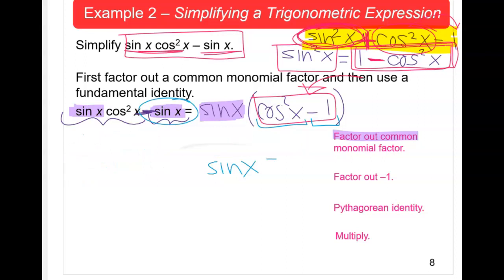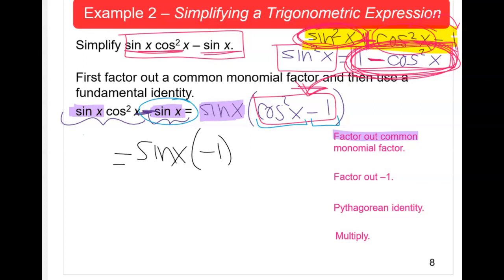Now the next step is going to be to factor out a negative 1. And why do we want to do that? Well, because we want the expression from the Pythagorean identity to be identical to the one we have here. That is a trick that we use. We factor out a negative 1.